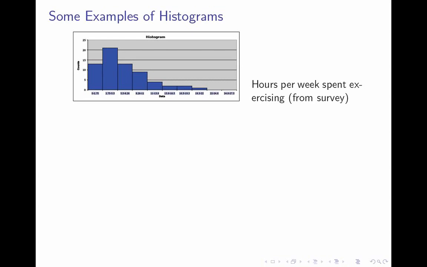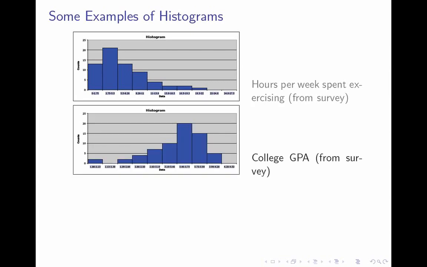And there are a small number of people who exercise much more than that. That long tail corresponds to the few people who exercise huge amounts, getting up into the 20 hours a week range. Okay, so that shape tells you interesting things about what that variable looks like in the population.